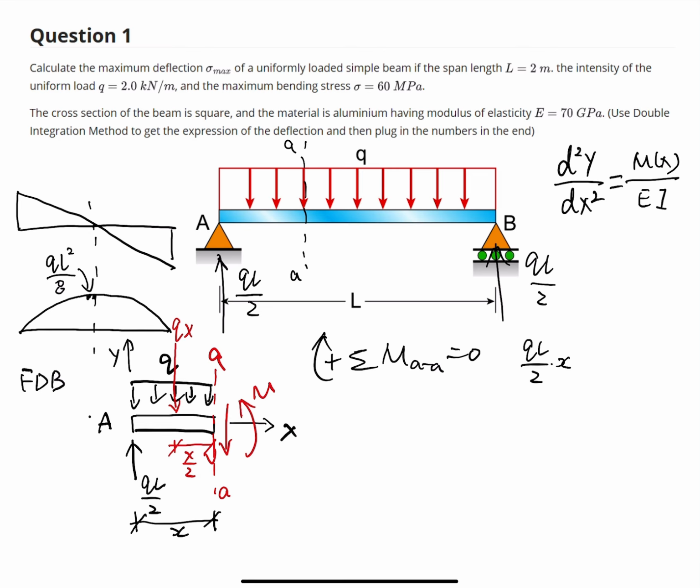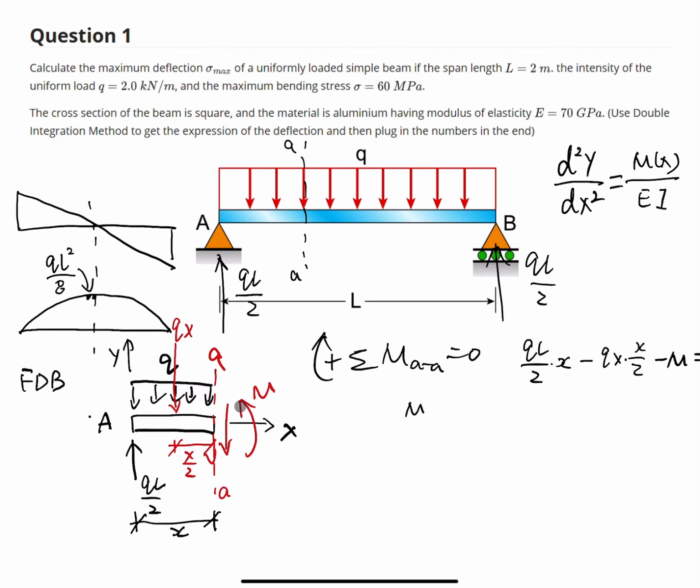This moment is counterclockwise, so it's negative: qx times x over 2. This is the second moment on the section A to A. The third moment is the internal bending moment M, which is what we want to know. So the sum equals 0.